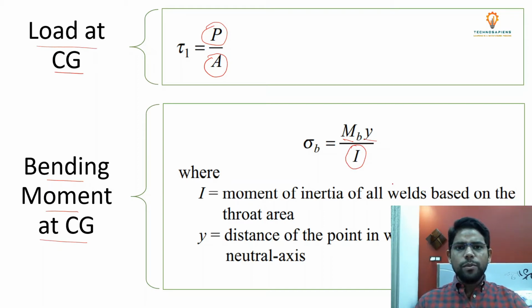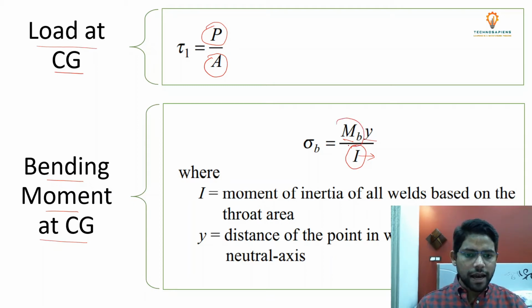Now you have to be very careful while calculating the area moment of inertia. First of all, you have to see about which axis this bending moment is acting, and you have to calculate the second moment of inertia about that axis.